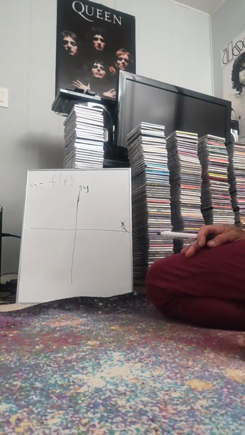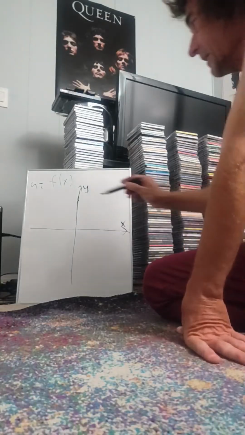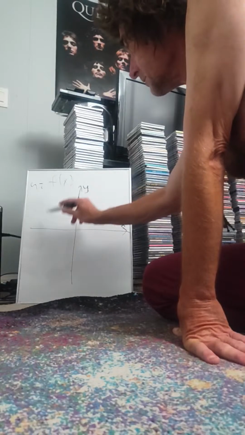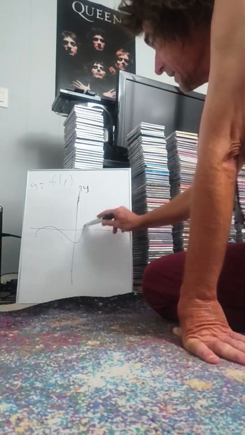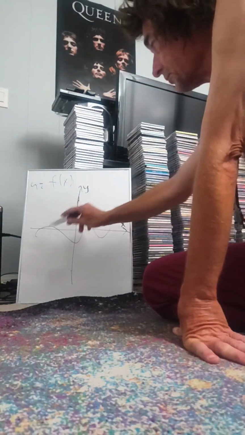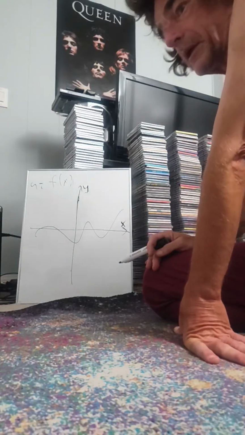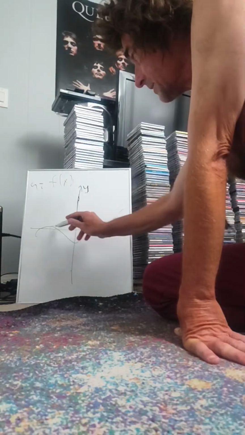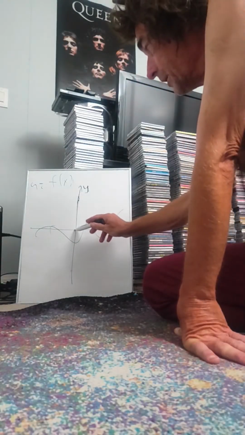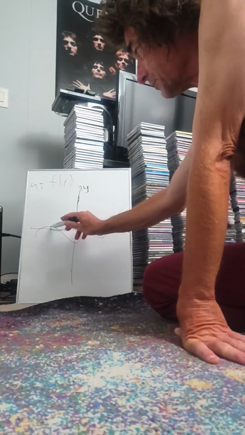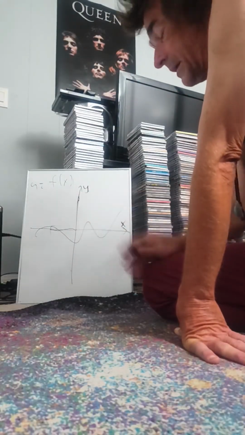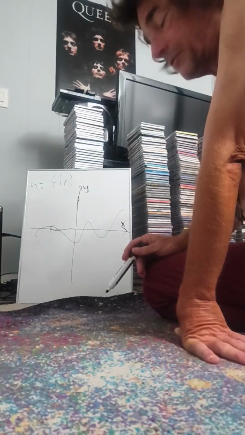So what's a function and what's a relation? A function is any relationship between y and x such that for any given value of x, there's one and only one value of y in the domain of the thing. So if I say x is this, y is this. For every one x value, there's one y value. Not 2 and not 0. Well, it can't be 0 because it could be out of the domain of the function.